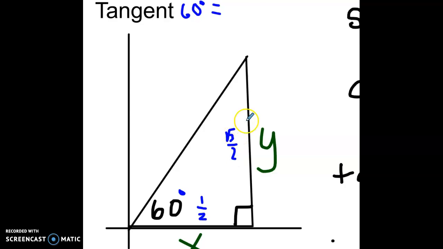So opposite would be square root of 3 over 2, and then you divide that by 1/2. Dividing by 1/2 is the same thing as multiplying by 2 over 1. And the 2's just cancel out, so the answer is just square root of 3. So that's how we find the tangent, is we take the opposite over the adjacent.